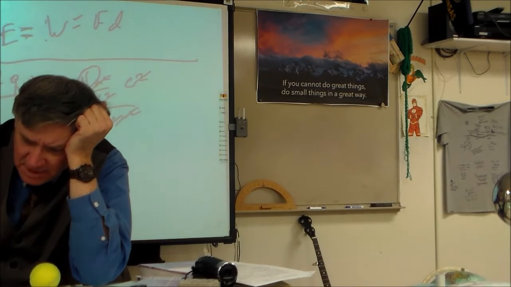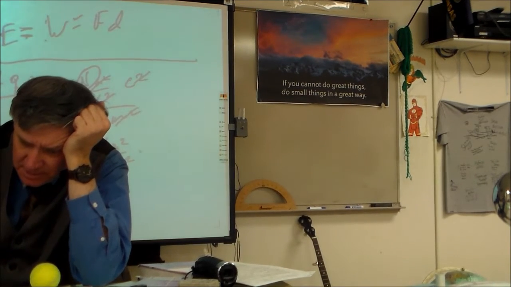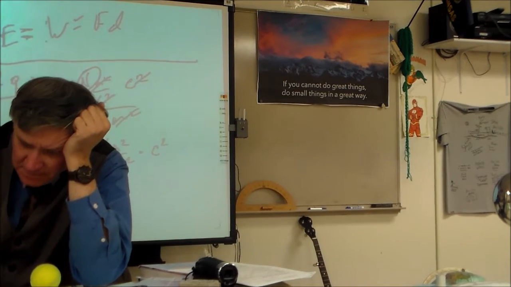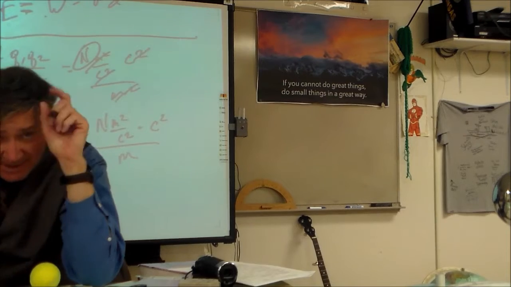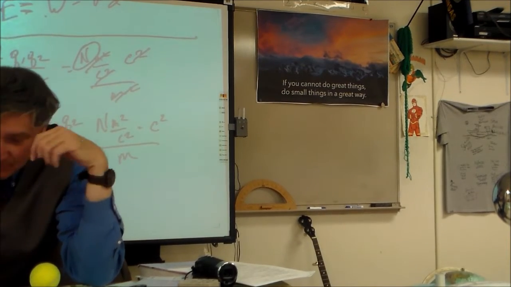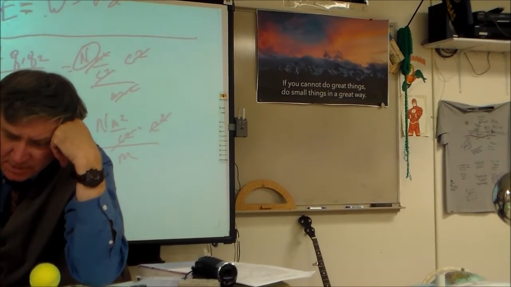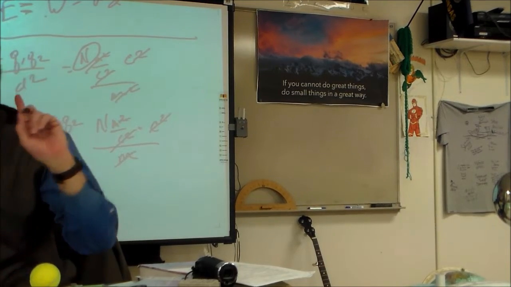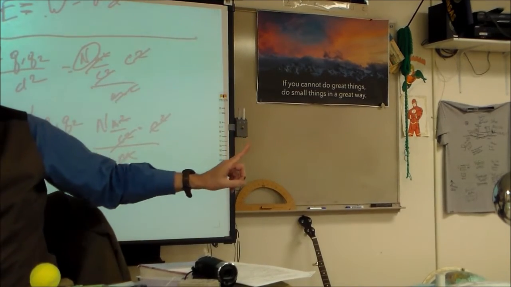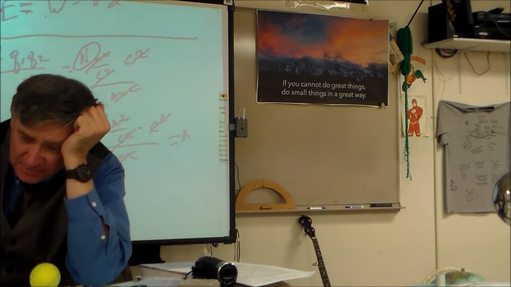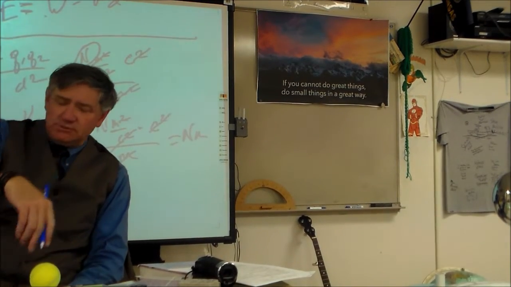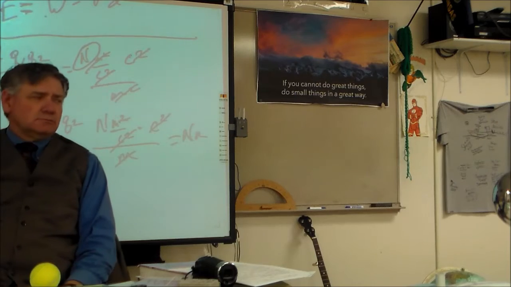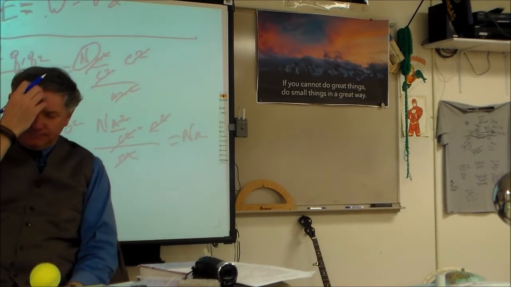I've still got newtons meters squared over coulomb squared, still multiplying by coulomb squared, and then dividing just by distance. So now I lose the coulomb squared, and I lose one of my meters. I'm left with newton meters, which is the same thing as joules. It's kind of weird.